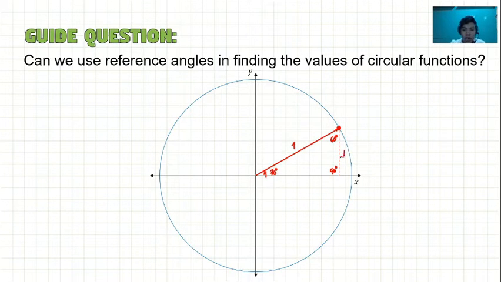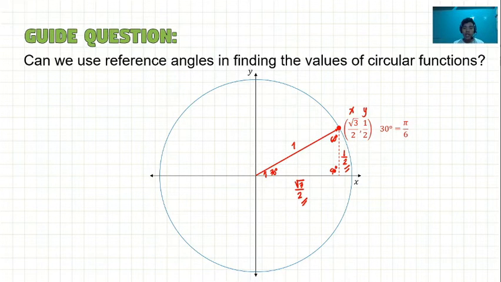And the longer leg is square root of 3 times 1/2, so we have square root of 3 over 2. So the coordinates of our point here will be: our x is square root of 3 over 2, and our y is 1/2. So these are the coordinates of our angle 30 degrees, or in radians, pi over 6.